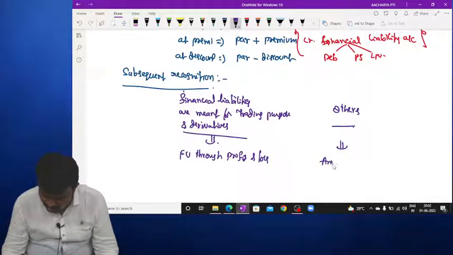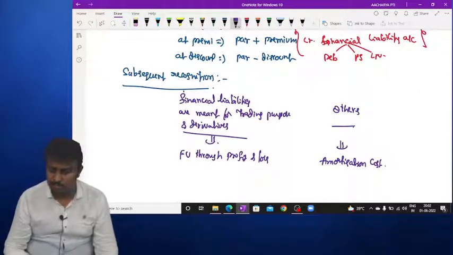In the case of others, we have to follow the amortized cost approach.